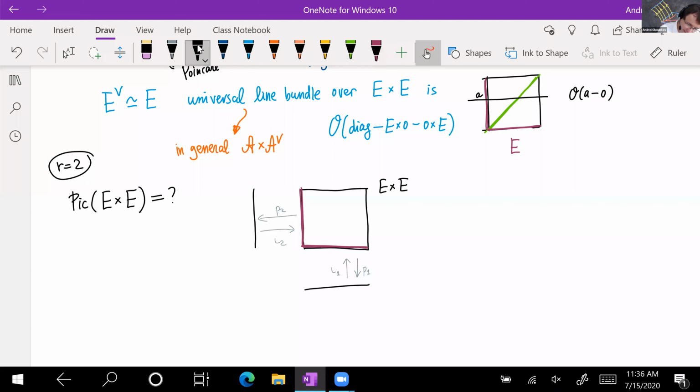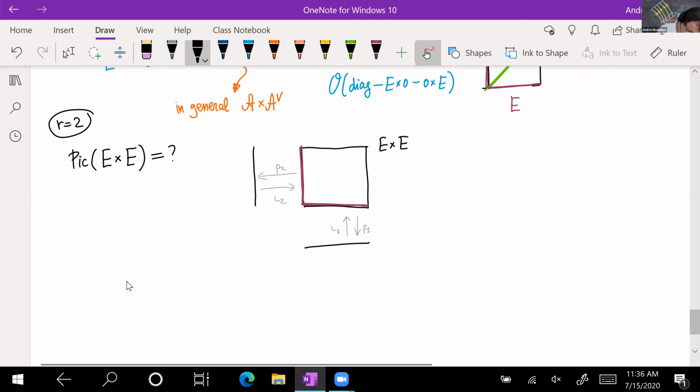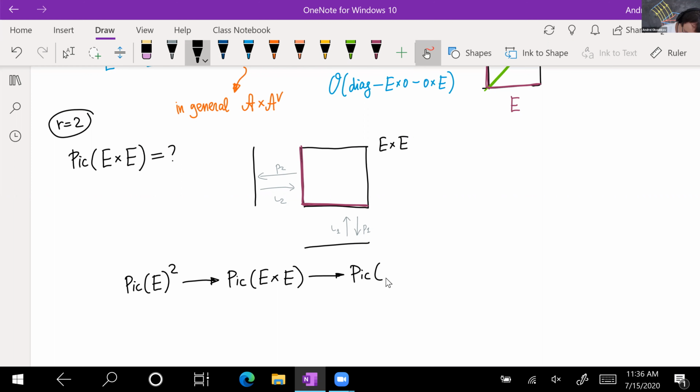And so corresponding to this map, I have a map from Pic E square goes to Pic E cross E, and then goes to Pic E square again, where this map is the pullback by P, and this is the pullback by the inclusion.